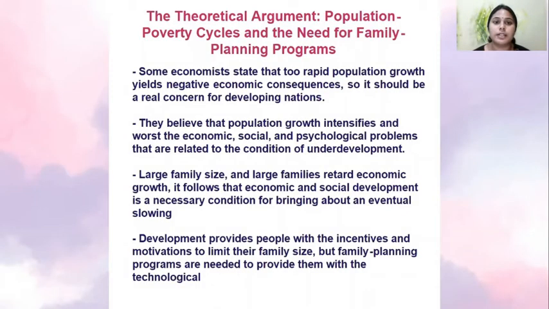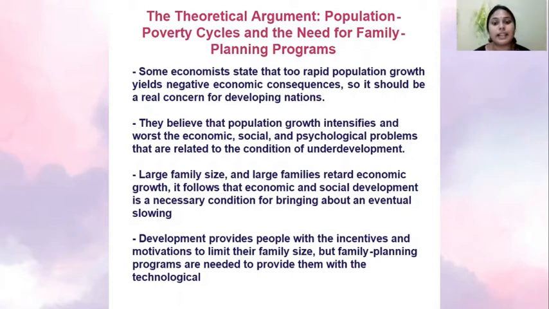The second argument is the theoretical argument, which is related to the population poverty cycle and the need for family planning programs. As we all know, the more populated the country, the worse its economy will be. Some economists state that too rapid population growth yields negative economic consequences, so it should be a real concern for developing nations. They also believe that population growth intensifies and worsens the economic, social, and psychological problems related to the conditions of underdevelopment.